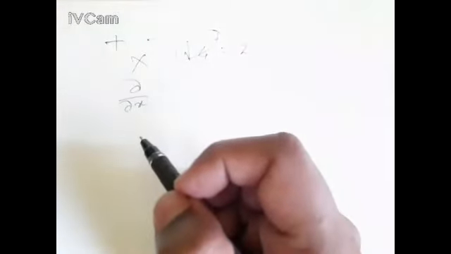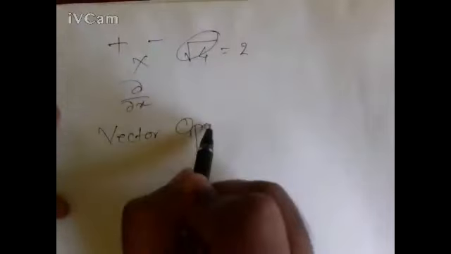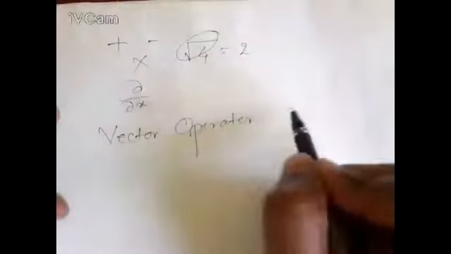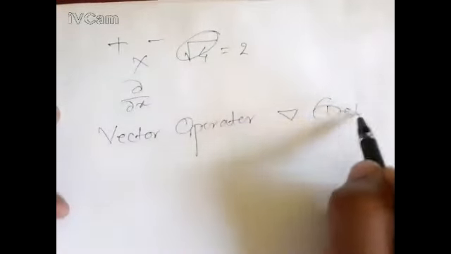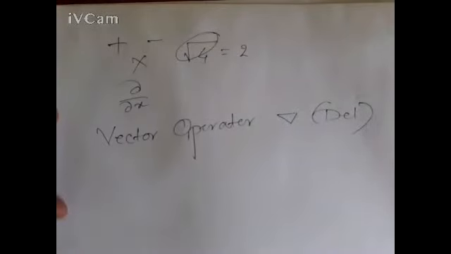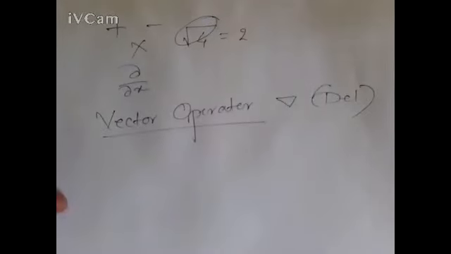In the same way, the vector operator, or it is the del. The symbol is the del. This is the symbol of the operator. Like this, it is a simple operator.